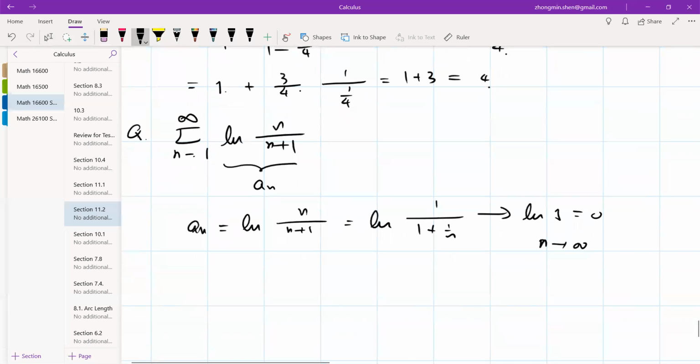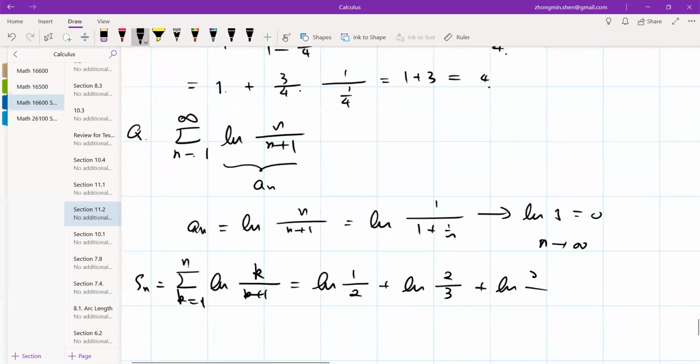So how about the difference? Let's look at the partial sum. You're going to get natural log of 1 over 2, natural log of 2 over 3, natural log of 3 over 4, and so on, natural log of n over n plus 1.